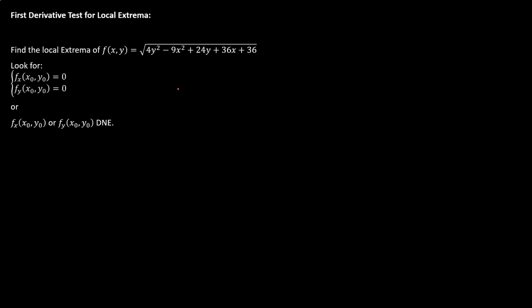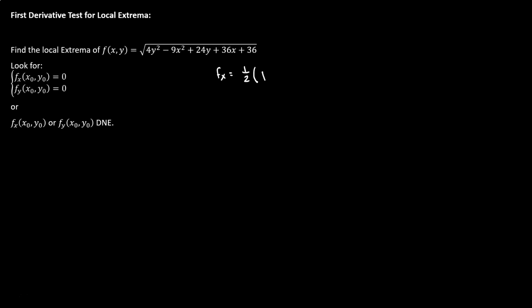Let's practice finding some of these local extrema for a function of both x and y. First thing we're going to do is calculate our partial derivatives. Partial with respect to x, we need to use our chain rule. So we have 1/2 from the square root function.